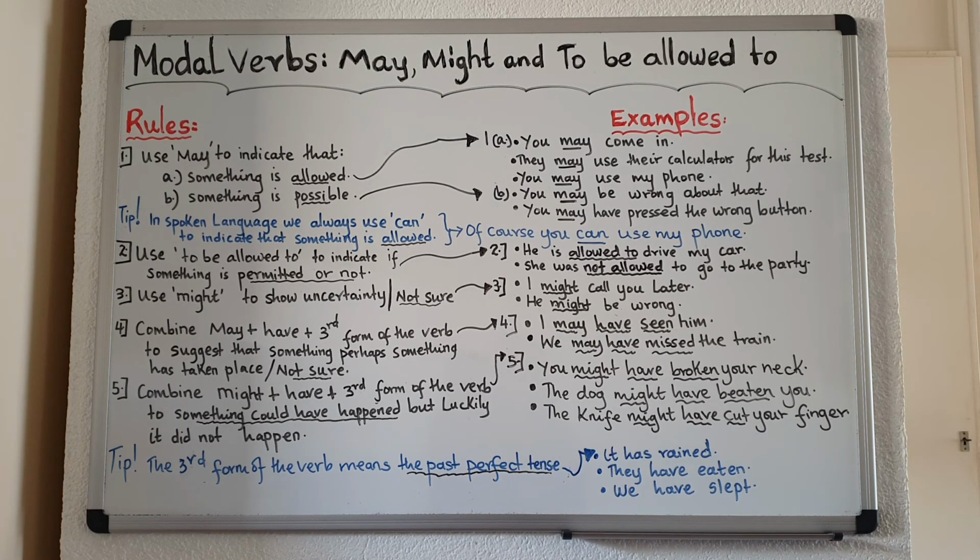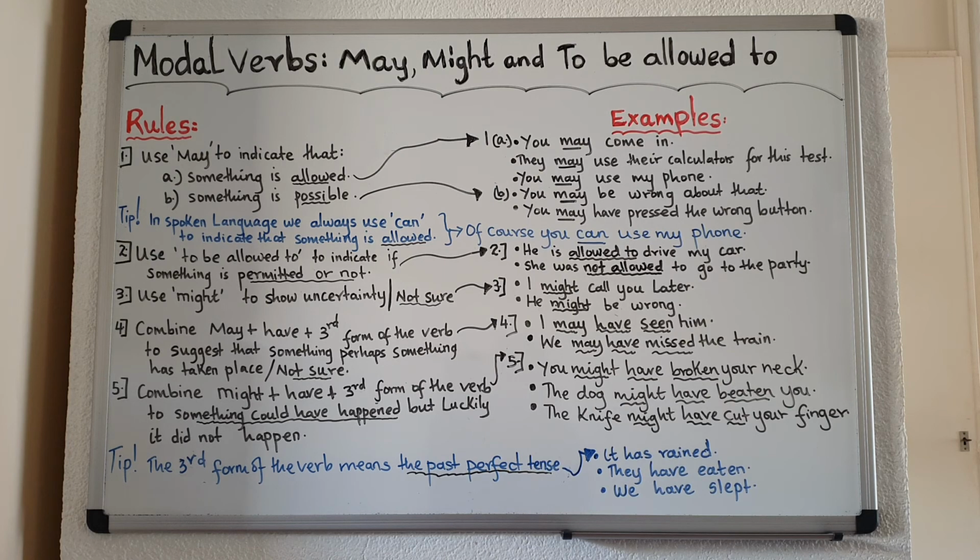Combine might plus have plus third form of the verb to suggest something could have happened, but luckily it did not happen. So when you want to say that something could have happened, but luckily it did not happen, then use the combination of might plus have plus the third form of the verb.